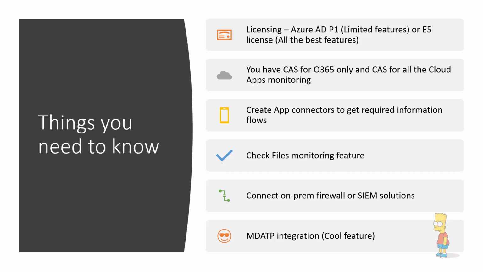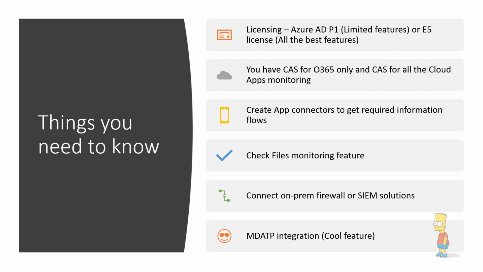One is CAS for O365, which can only monitor Office 365 related components like OneDrive, SharePoint, emails and so on. The other option is CAS for all cloud application monitoring, which is the full-featured one. This version can be used to identify shadow IT cloud applications as well.